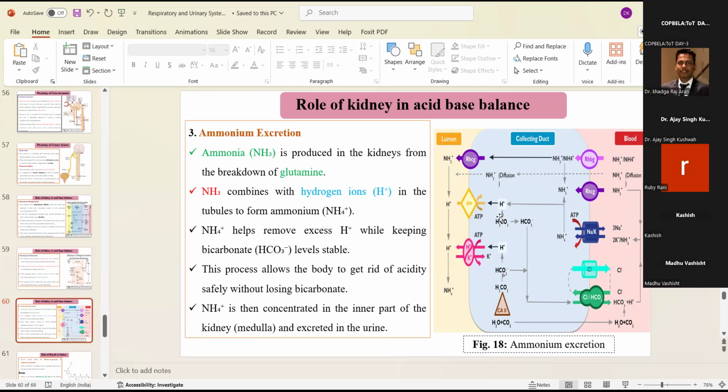Ammonia helps to remove the hydrogen ion and it is converted into bicarbonate, and that is a stable part. This prevents more acidity and also helps in the removal of bicarbonate from our body. So this is the mechanism of how ammonia helps in the maintenance of acid base balance in our body.